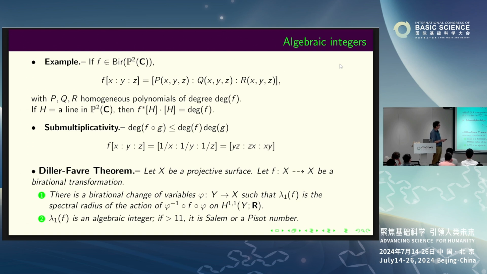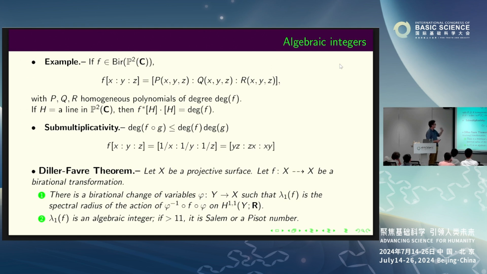So this notion of degree is the same as the one I obtained by pulling back a line and intersecting with a line, which was my initial definition of degree. This is the reason why we call these numbers dynamical degrees. So asking that the action on cohomology behaves well under iteration is like asking whether this notion of degree behaves well when I iterate.